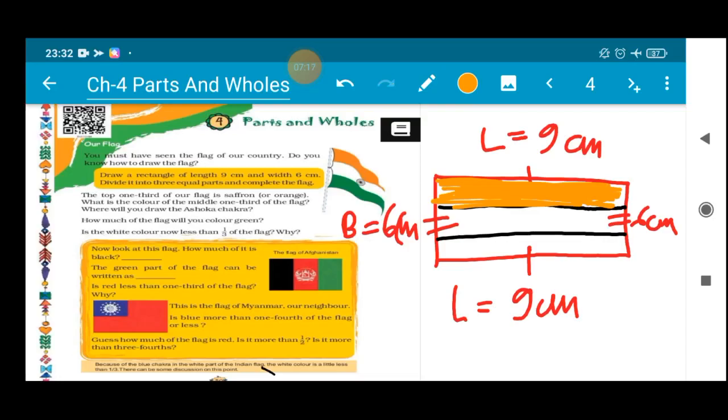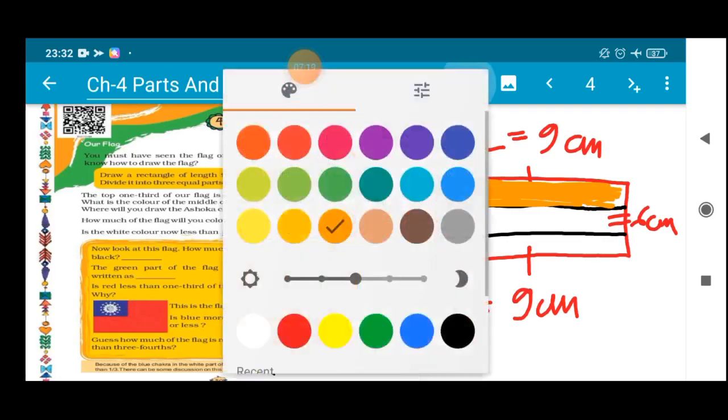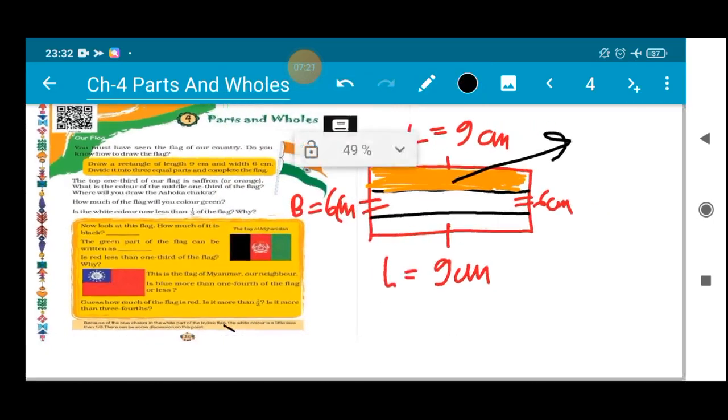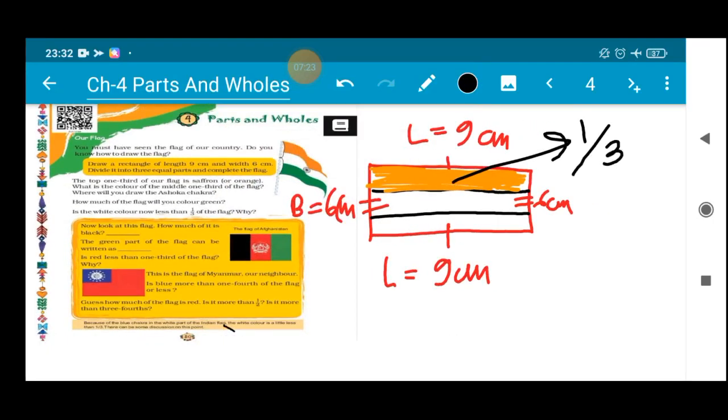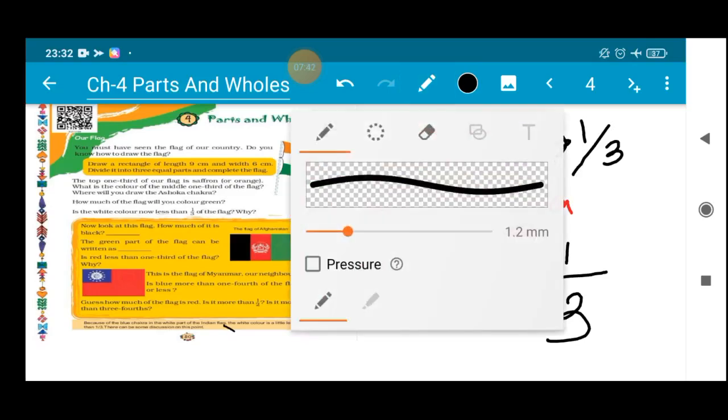They have said that the top 1/3, so this represents 1/3, because there are 3 parts, 1, 2, 3. It was a whole 1, and we are dividing 1 into 3 parts, that is 1/3. Okay, so that is what a fraction is, a part of a whole. So there are 3 parts, and we will represent it as 1/3.